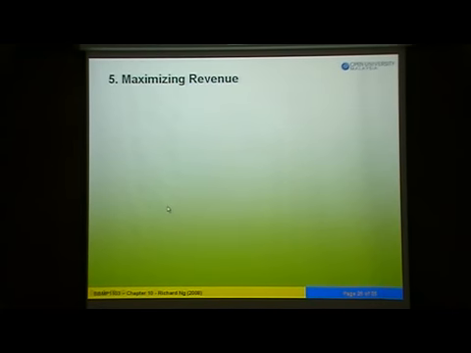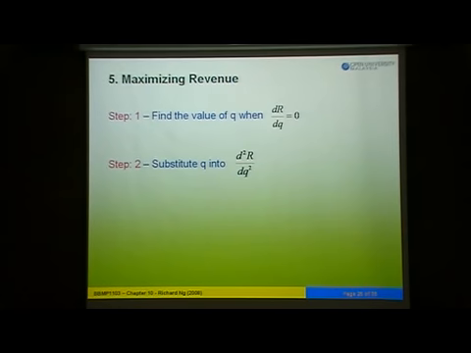Okay, how to maximize revenue? Alright, in business definitely we need to minimize cost and maximize revenue in order to get maximum profit. So in order to maximize, there are two steps. Step number 1, we need to find the stationary point, which is dR/dQ equals 0.